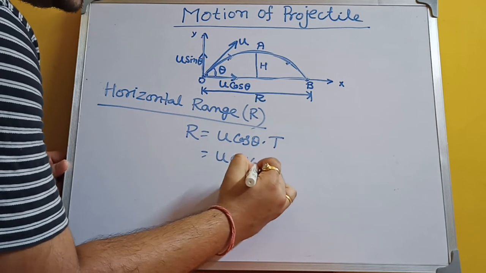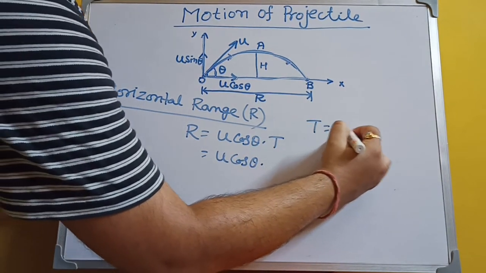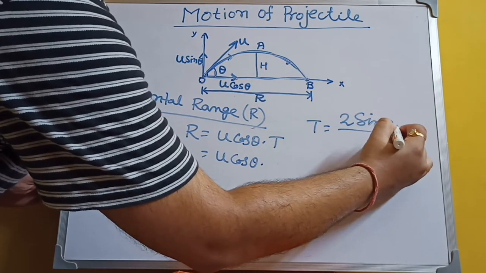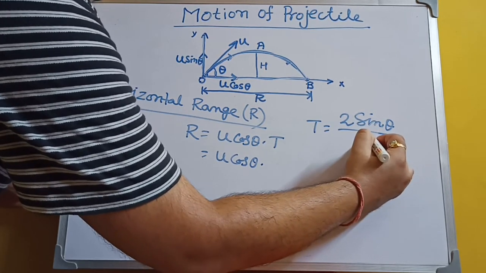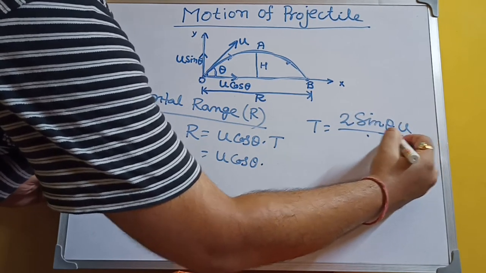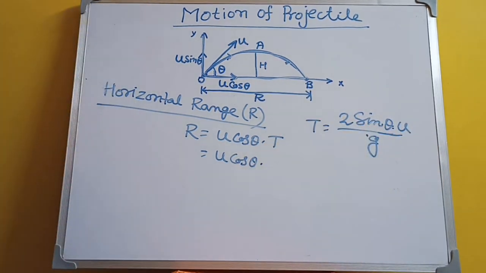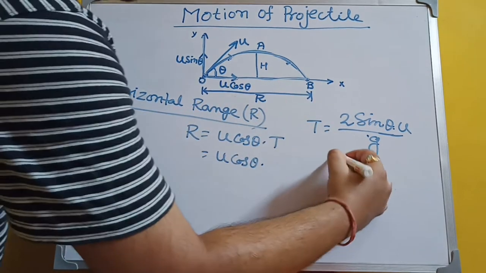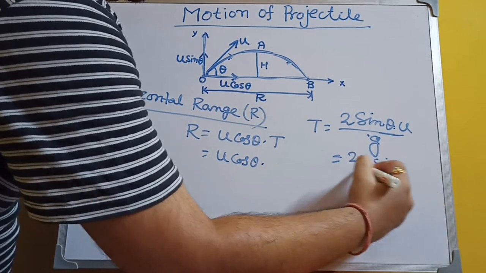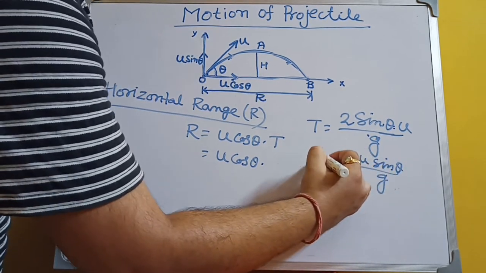U cos theta into the value of t. You already got t is equal to 2u sin theta by g.